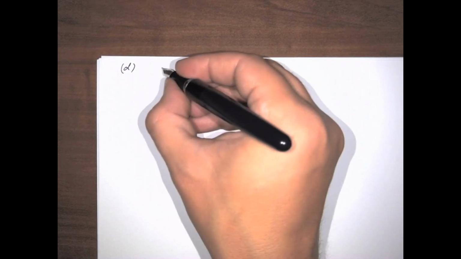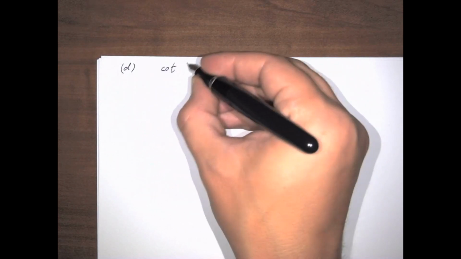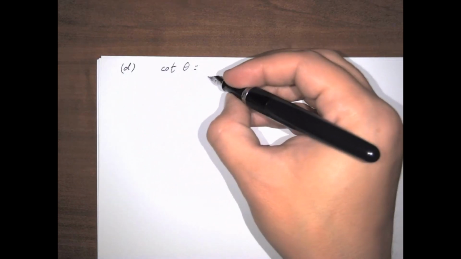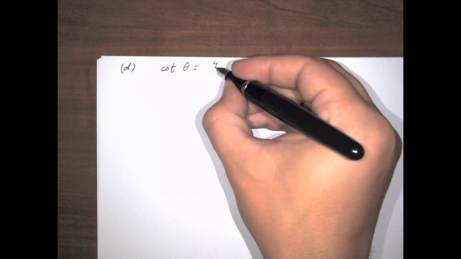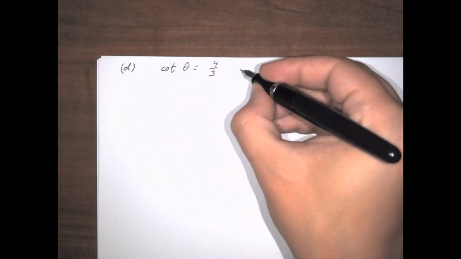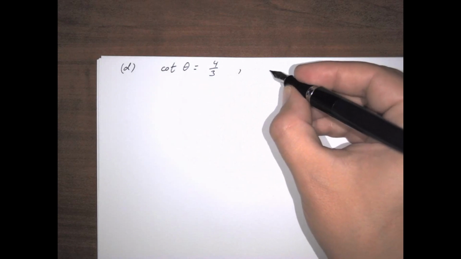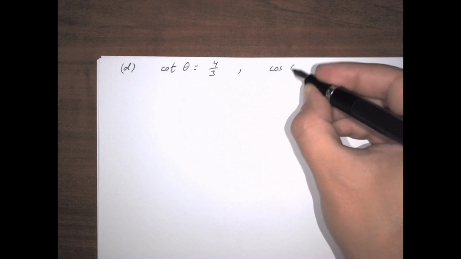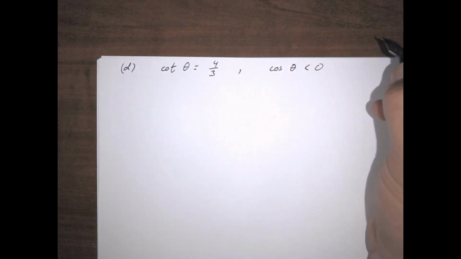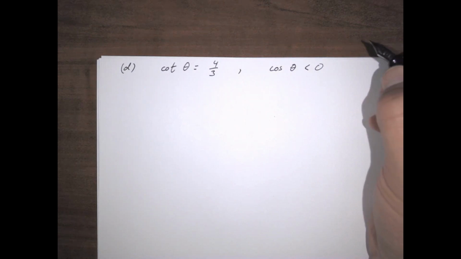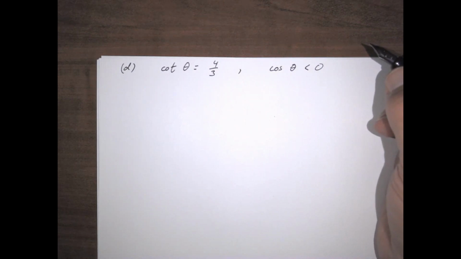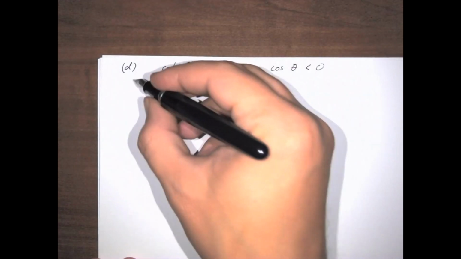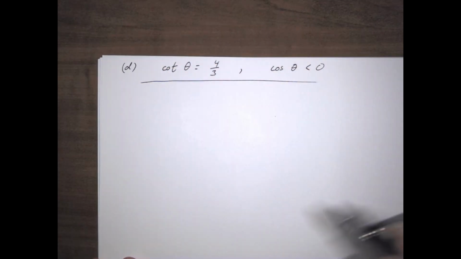So, for example, D. Let's say cotangent theta is equal to 4/3. And we'll say furthermore that cosine theta is less than 0. So we have the cotangent given to us, and then we have to figure out what everything is from there.